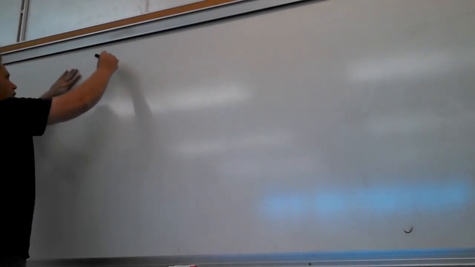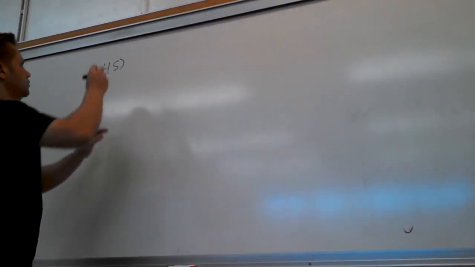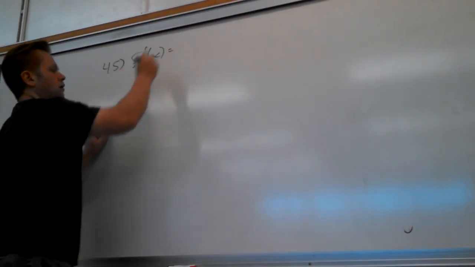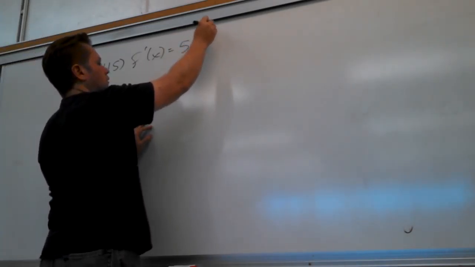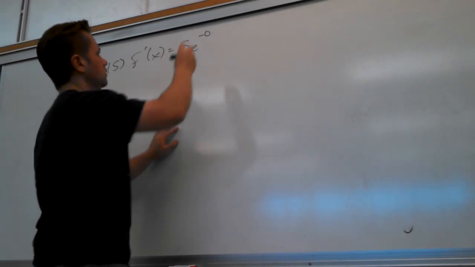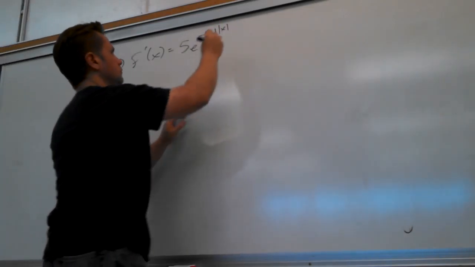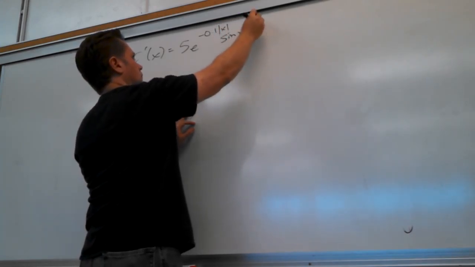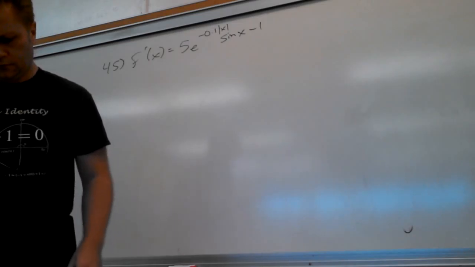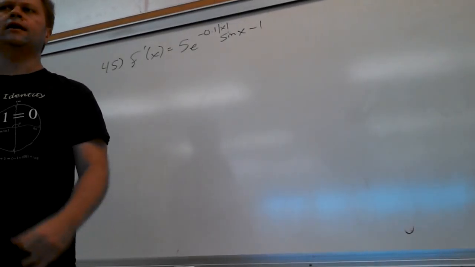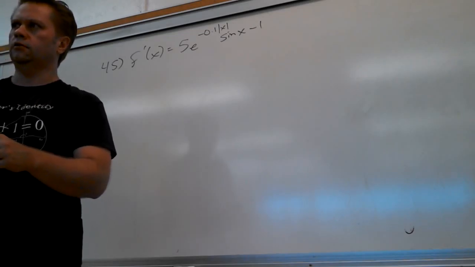So 45, they've already done the derivative. Yeah, it's got the little calculator symbol there, because if you try to do this one by hand, you're going to go slightly insane.